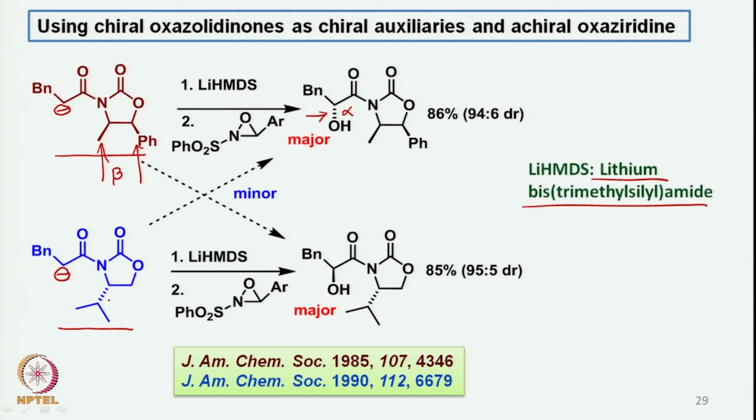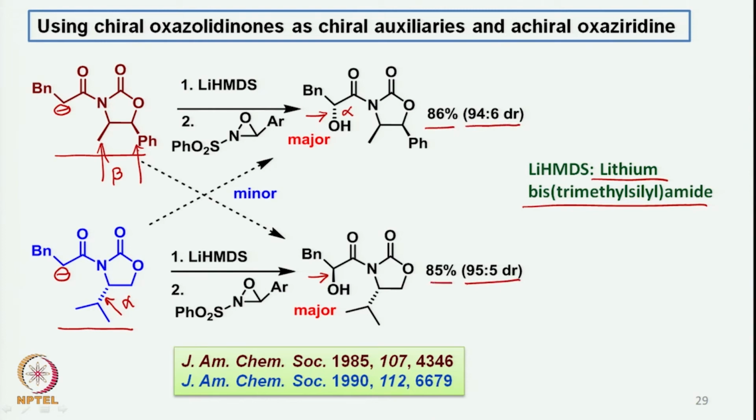On the other hand, if one takes this as an alpha oriented substituent, the group which is transferred comes from the beta side. So opposite to this side, and as you can see the diastereomeric ratio is very large and yield is also good.